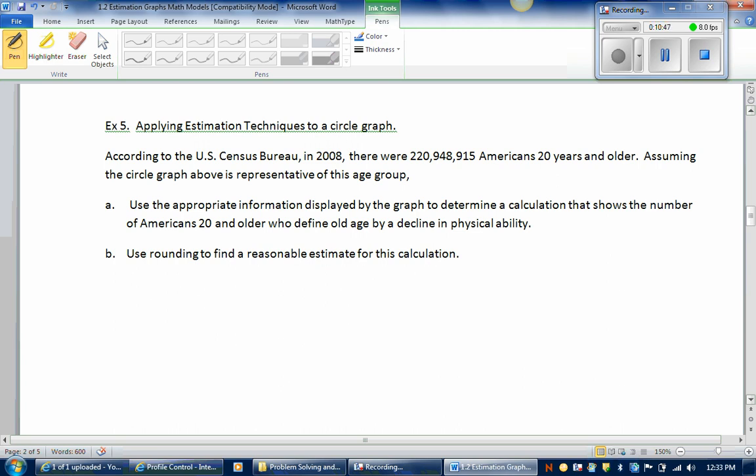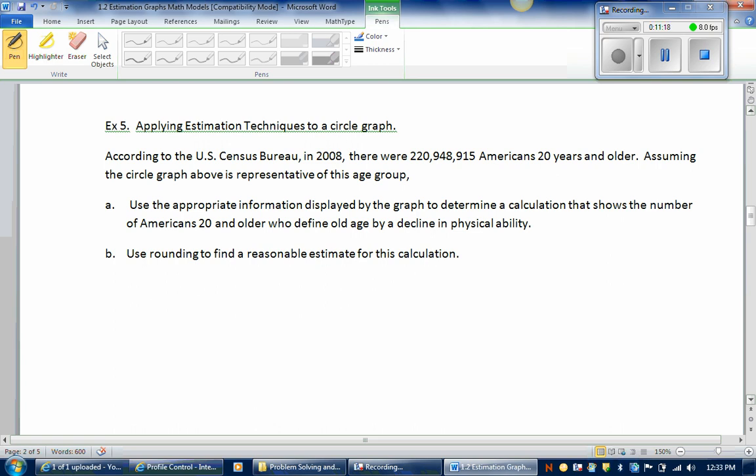Assuming that the circle above is representative of this age group, meaning it shows information based on that age group, we're going to use the appropriate information displayed by the graph to determine a calculation that shows the number of Americans 20 and older who have a decline in physical activity or ability.